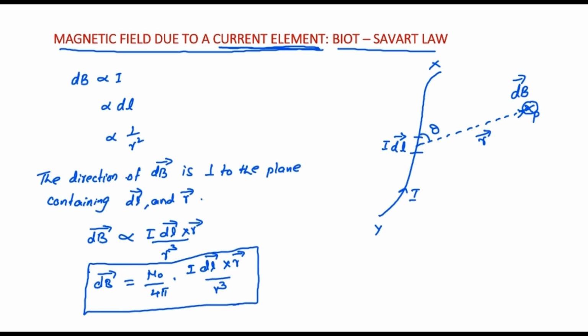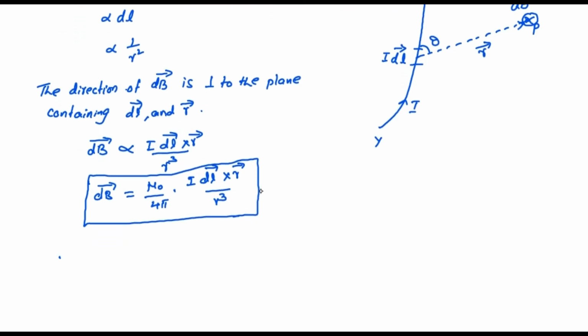Here mu naught by 4 pi is a constant and its value is 10 power minus 7 Tesla meter per ampere in the SI system, and this mu naught divided by 4 pi value will be equal to 1 in the CGS system.